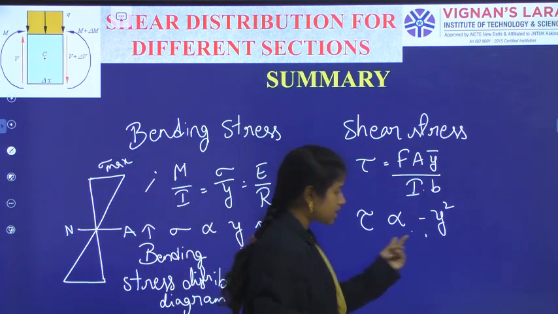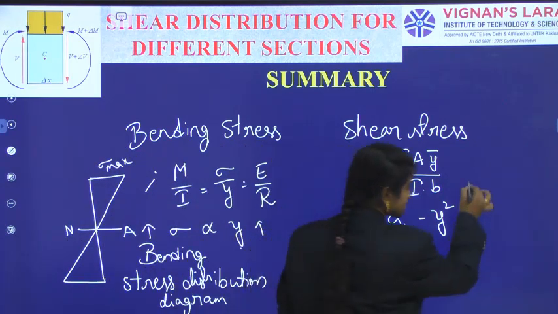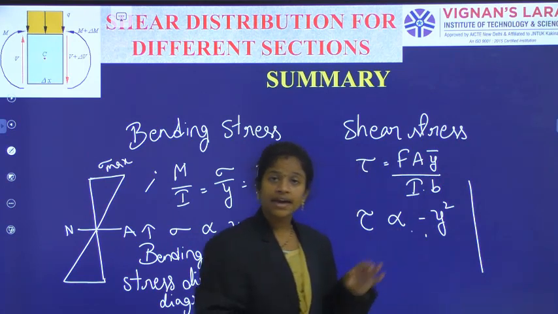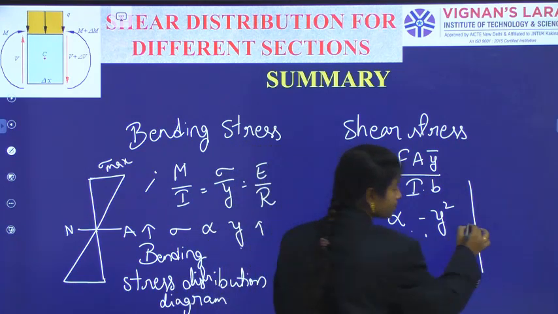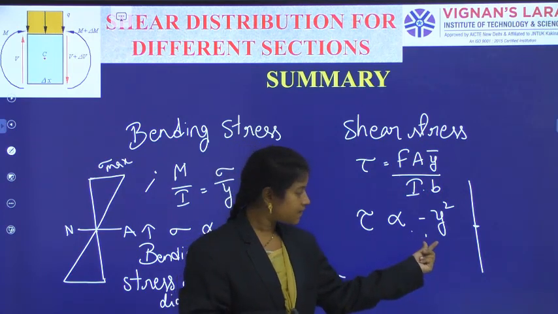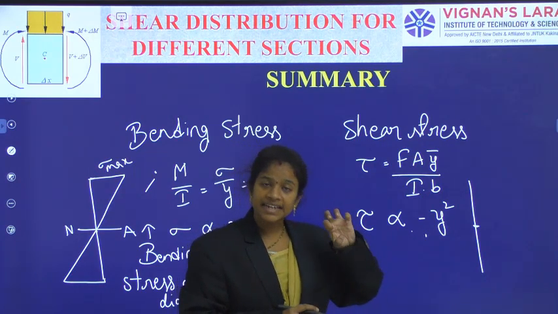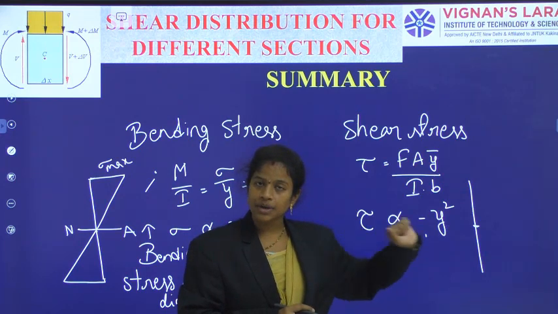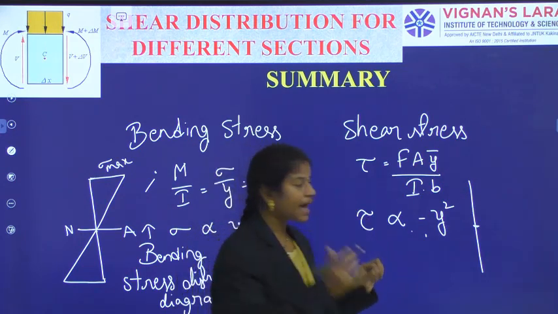In the shear case the relation is different. Again, along the depth I have indicated the neutral axis level. At the neutral axis level, Y is 0. As it is becoming the least, the tau will be maximum.